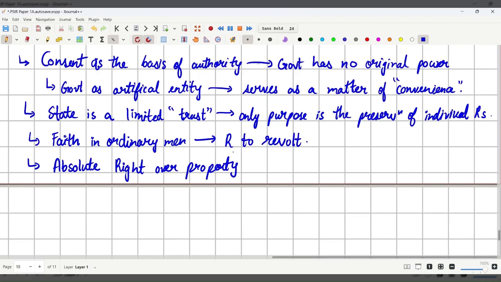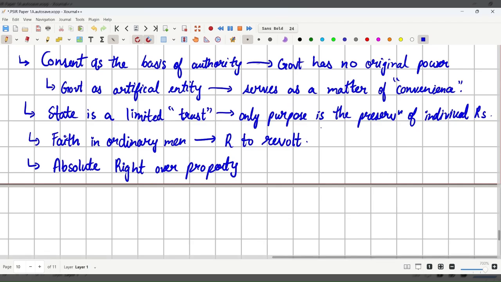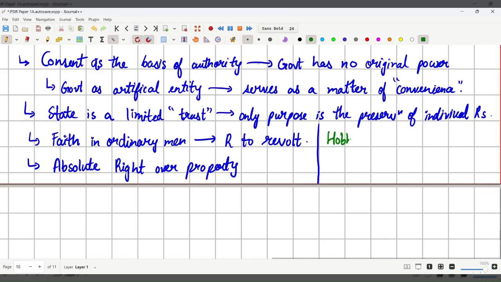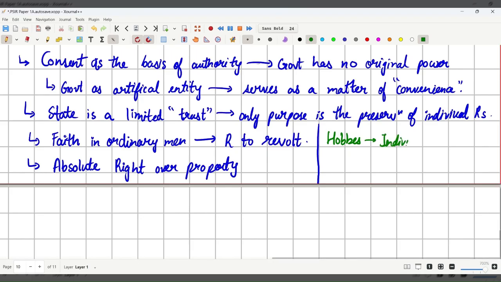So here you can link Hobbes, who begins as an individualist but ends as an absolutist. His theory of individualism versus absolutism, you can link that here.